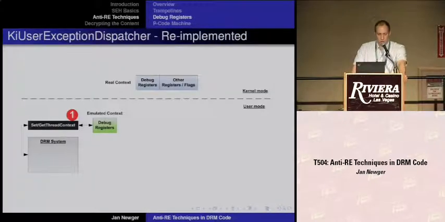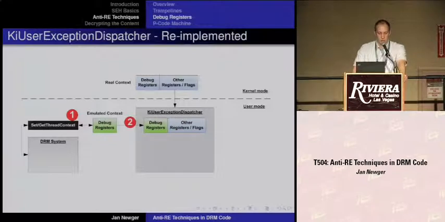Okay, so here are a few more details. How does this work? In the upper image, you see the real context in kernel mode, which is maintained by the operating system. And in the lower part, there's our hooked version, our emulated thread context. At 1, you see that the DRM system frequently uses SetThreadContext and GetThreadContext API calls in order to modify the context, and all of these are redirected to our emulated context.